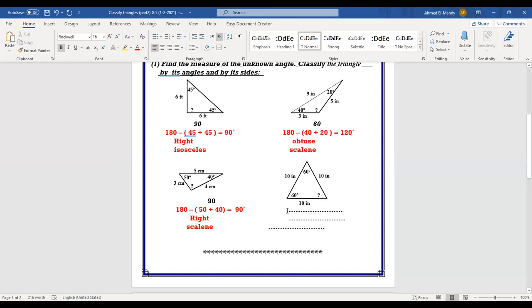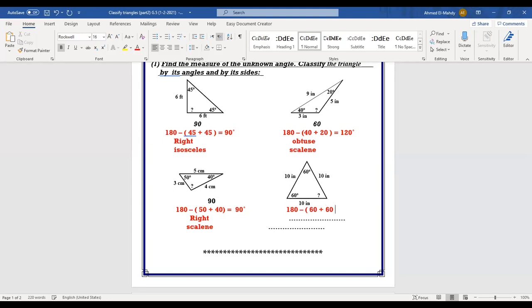Yasin. Yes, Yasin. How can we find the measure of the unknown angle in this triangle? 180 minus 60 plus 60.